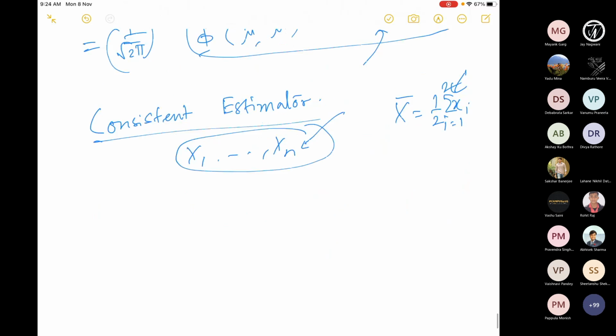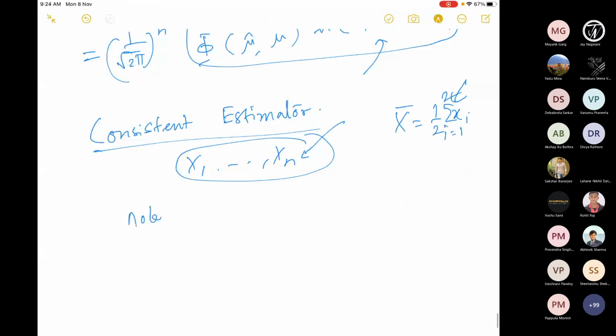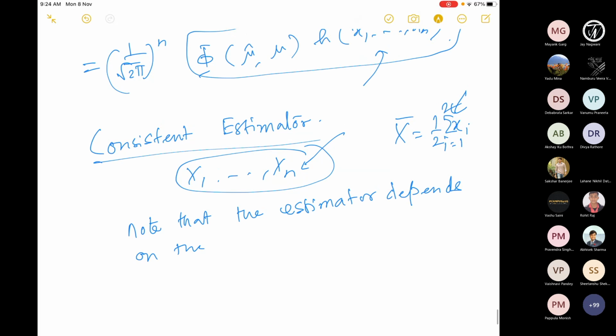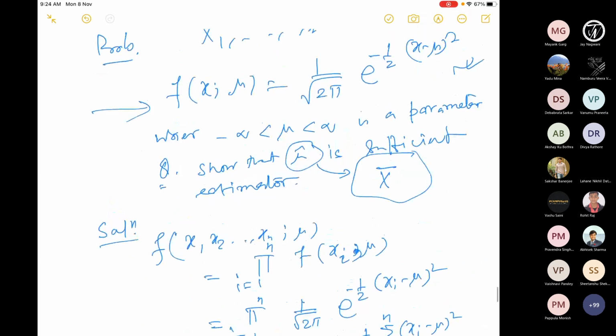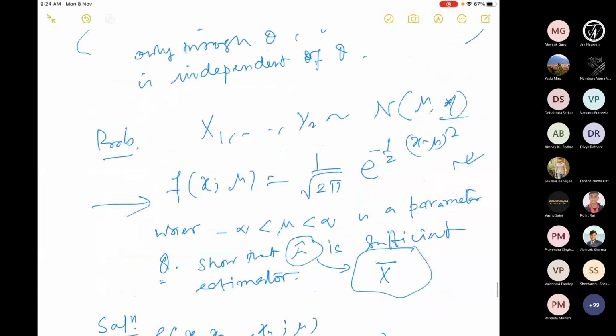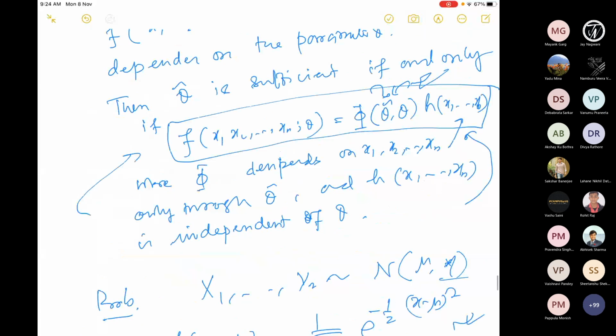So this is the crucial observation. Note that the estimator depends on the sample size n. By the way, if somebody is interested in machine learning or data science later on, there will be many occasions where people will assume that the statistic is sufficient.